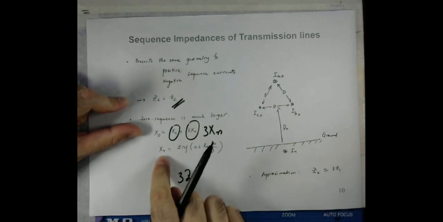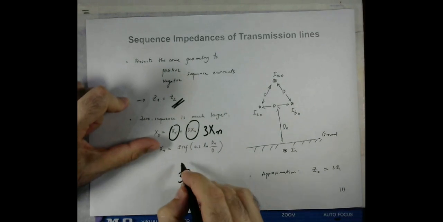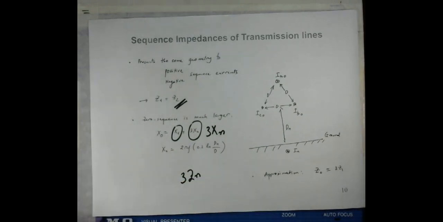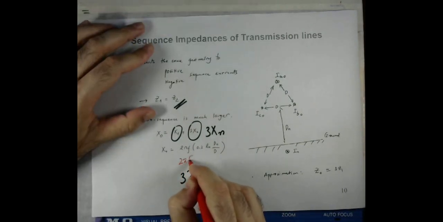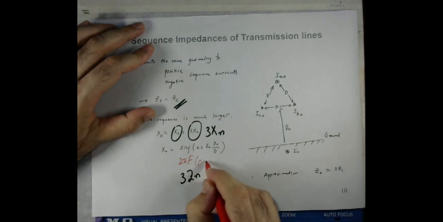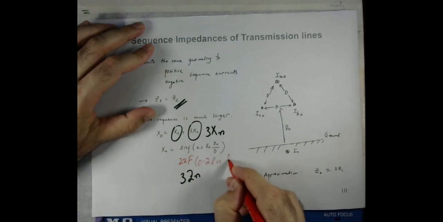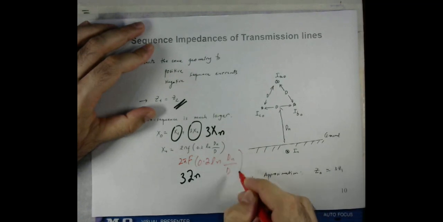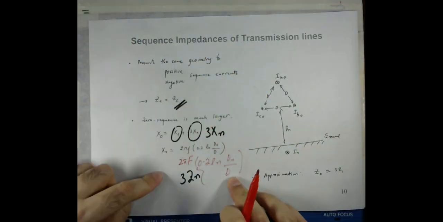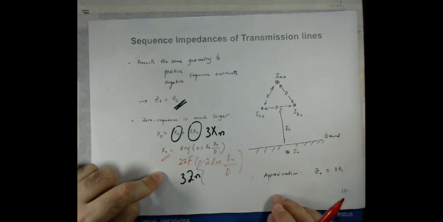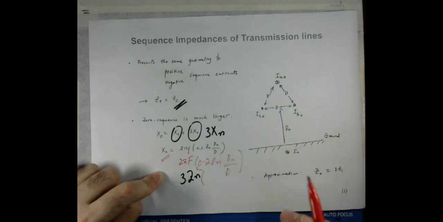inductive reactance in this case to the ground, is equal to 2 pi frequency times 0.2 natural log of Dn over D. So if one looks here, Dn is much larger compared to D. That's why Xn is a much larger term, because Dn is the distance to the ground from the transmission lines.